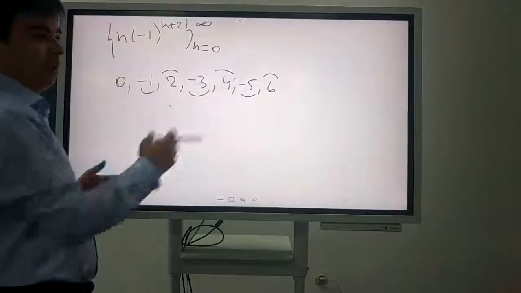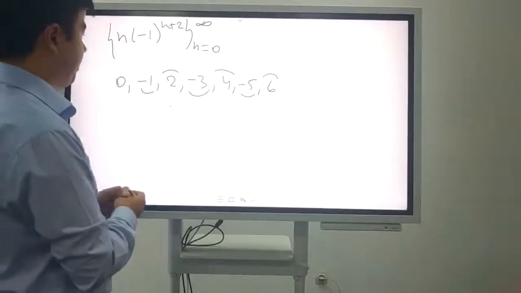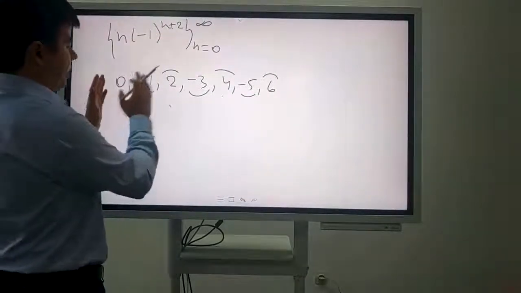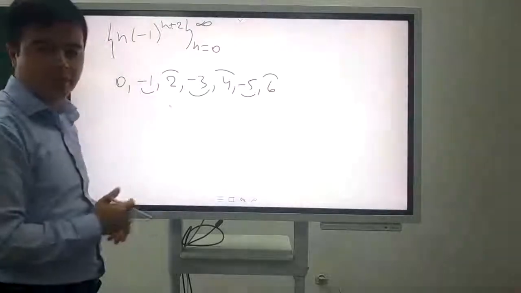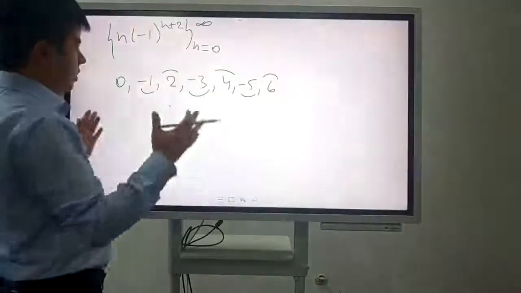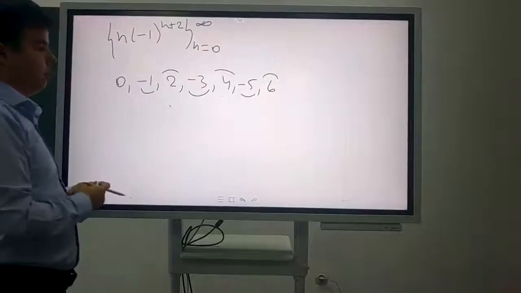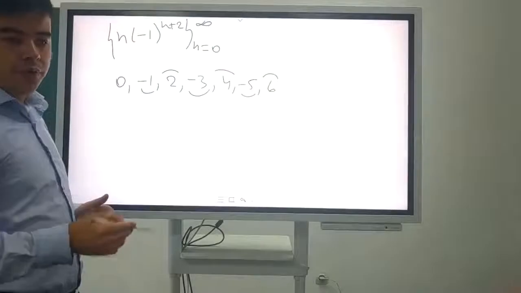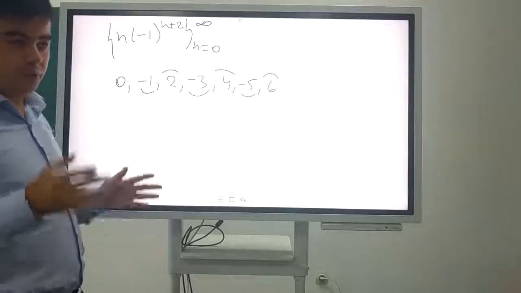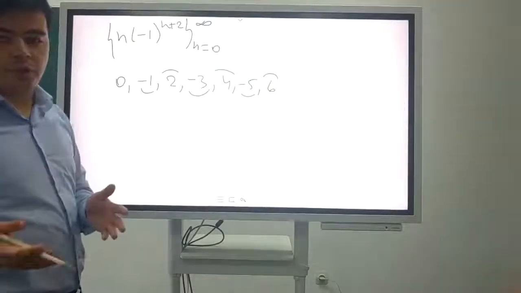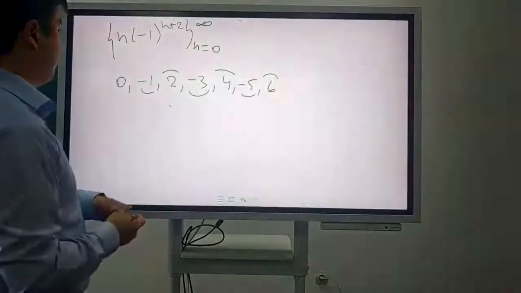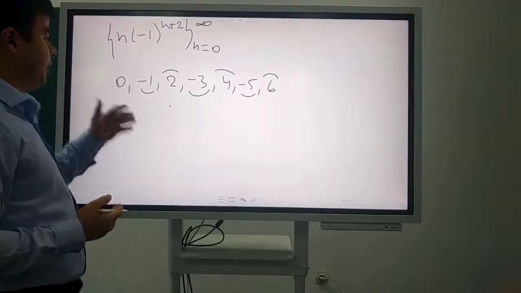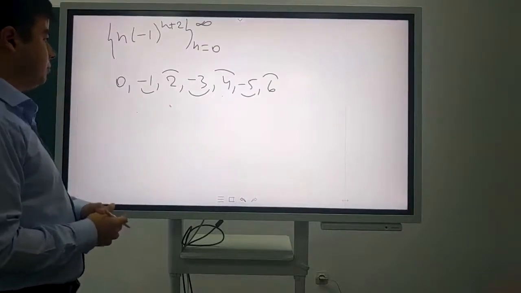We don't have any increasing or decreasing pattern here. If we consider it separately, for example, even ones or odd ones, we have an increasing or decreasing sequence. But in general, this is not a monotonic sequence. If it is increasing or decreasing, it is monotonic. If it's not increasing or decreasing, it is not a monotonic sequence. And here we don't have an upper bound or a lower bound in this sequence.